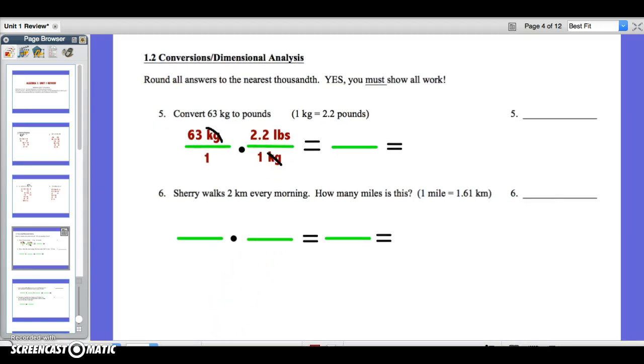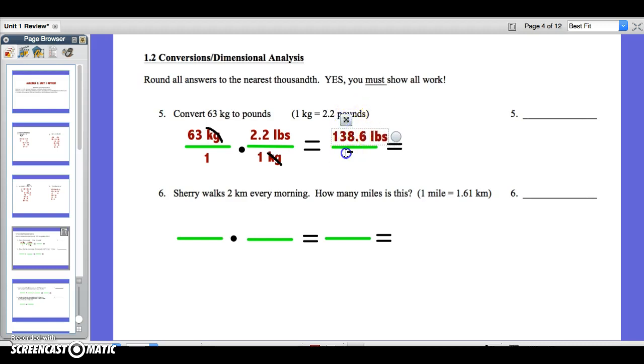I don't have my calculator with me. So I have 63 times 2.2, and I'm going to get on the top, when you multiply those two things together, you get 138.6, and the unit on that is pounds.